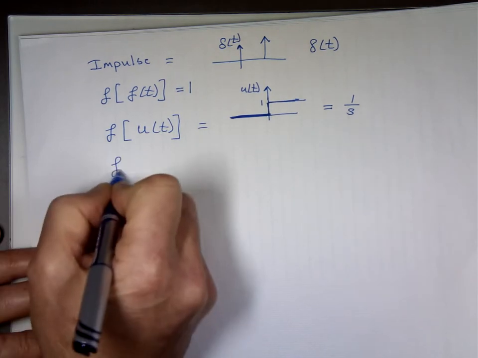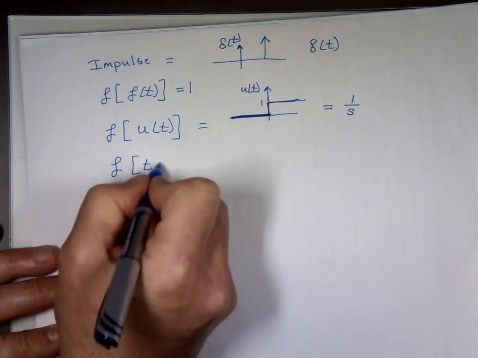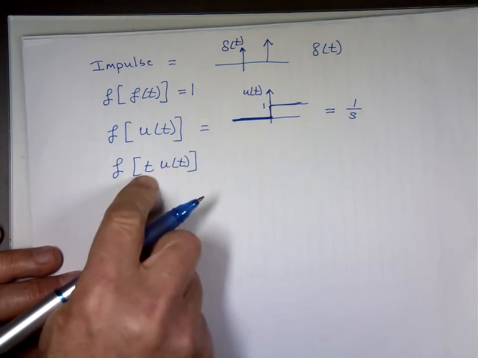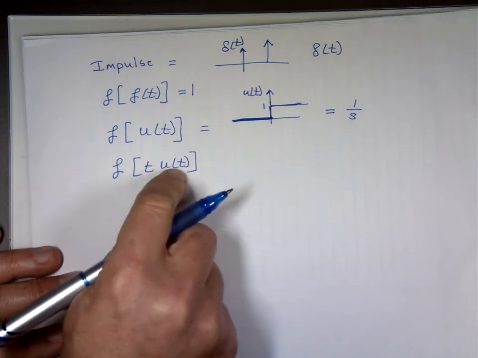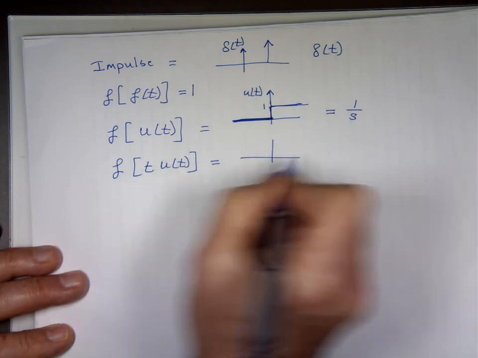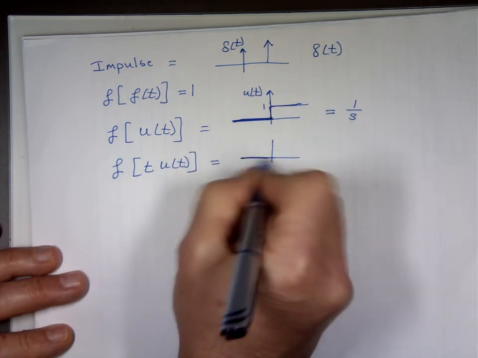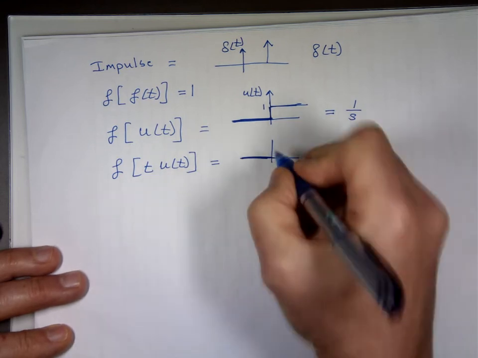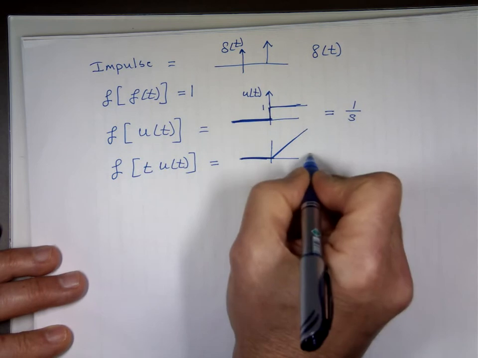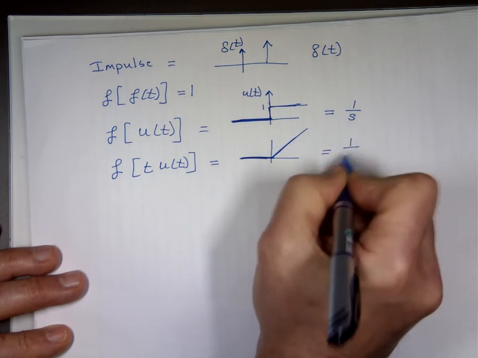Again, I'm doing t times u sub t. What I'm doing here is taking the Laplace of t, but from 0 to infinity. Again, this function looks like this. It has a value of 0 all the way till you get to 0, then it goes like this. Like we just did that one, so that's 1 over s squared.